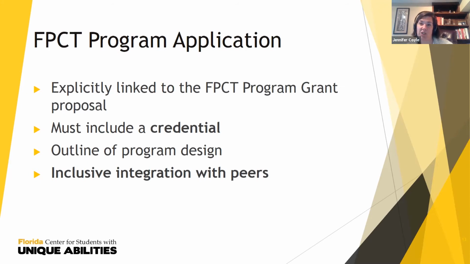And there are also credentialing questions within the grant proposal. So these bolded items are things that are connected through, and at the end, I'll bring your attention back to those. But as we go through, particularly the application and the grant proposal, there are a lot of really great connections.